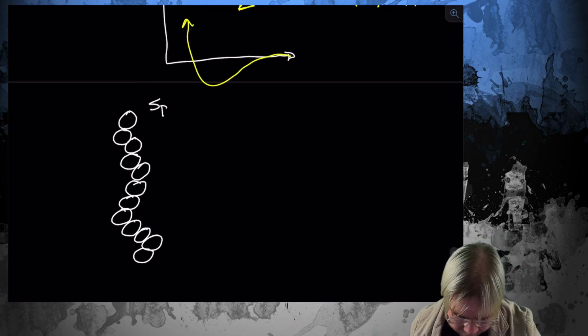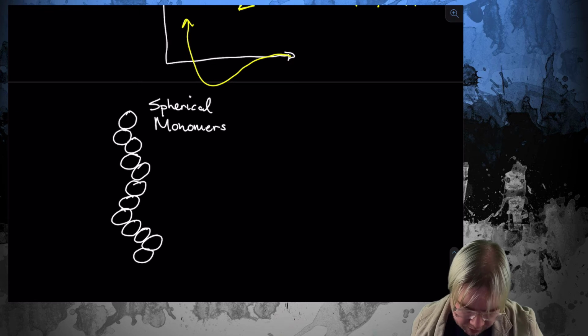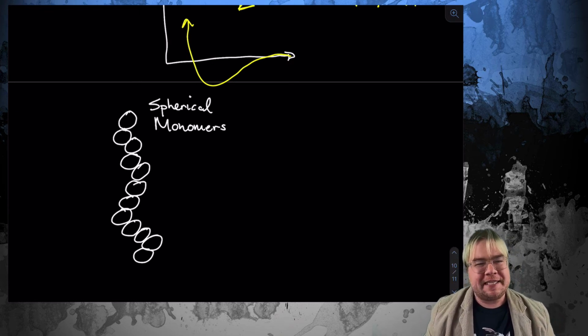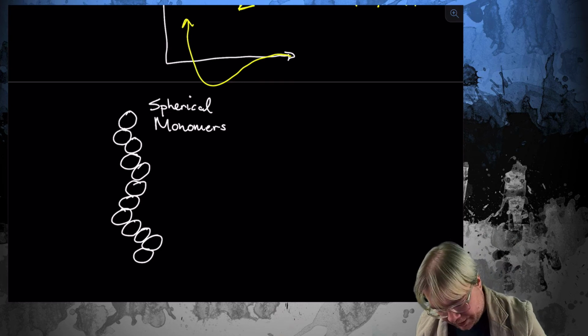So these are spherical monomers. And that's fine, right? I mean, there's nothing wrong with it, except that the monomers, experimentally, they've got bulky side groups. The monomers may have multiple atoms.